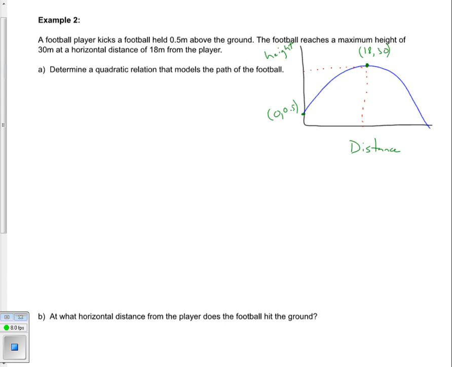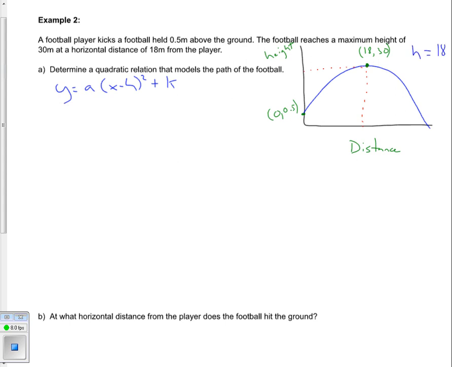So we know that all quadratic equations can be written in vertex form, and vertex form is y is equal to a times x minus h squared plus k. We know where the vertex is, so we know what the h value is.